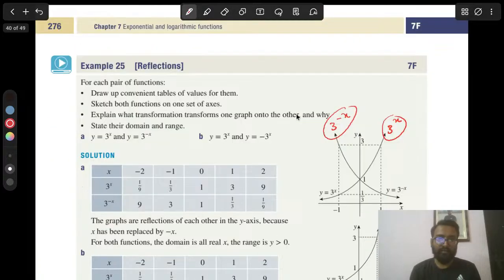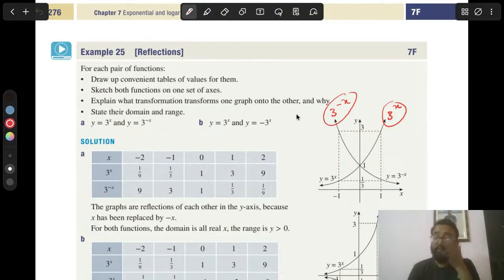With a vertical line test we can apply that one condition. And now we have to see different graphs. If you know y equals e power x graph, then e power x or any number a power x, you should know y equals a power minus x. So this is y equals 3 power x graph and its y-axis reflection is the graph of 3 power minus x.